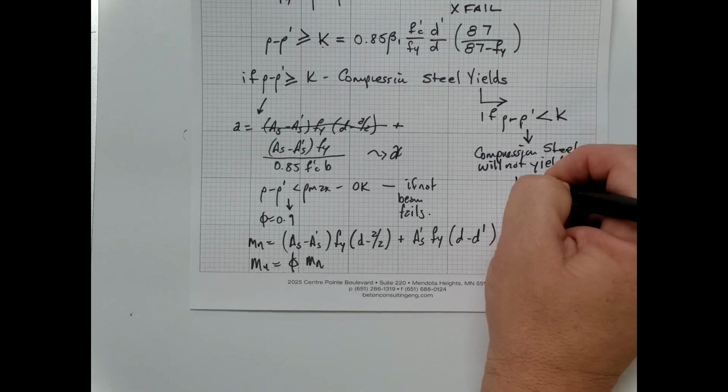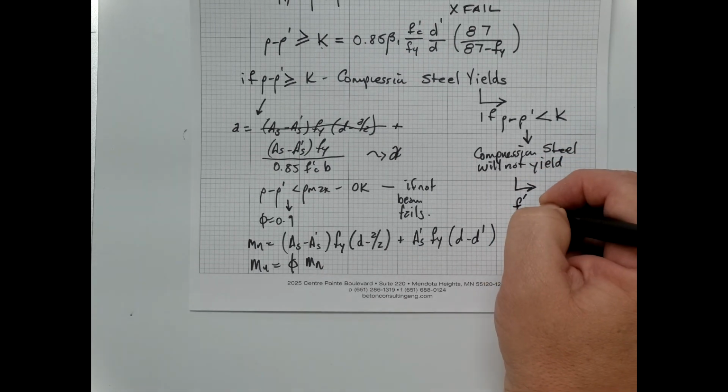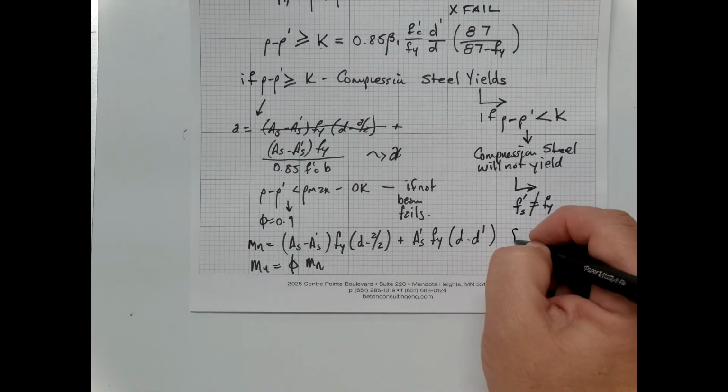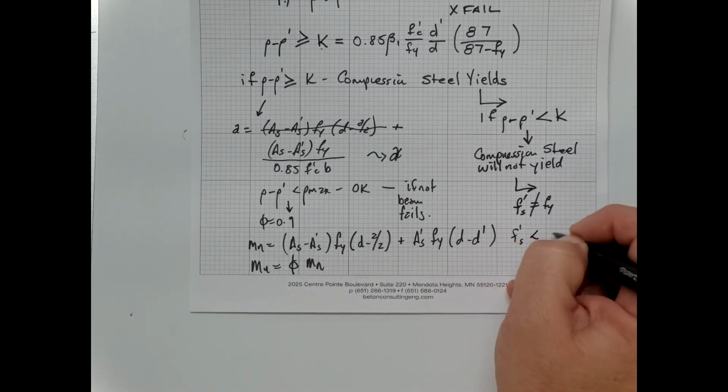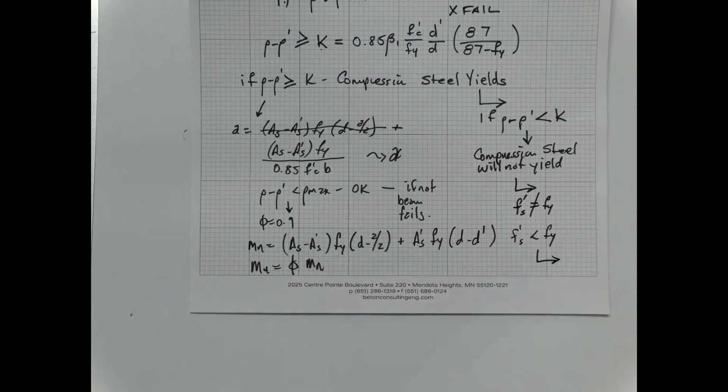Which means that F prime sub S is not equal to F sub y, but F prime sub S is less than F sub y, and we can go on from there.